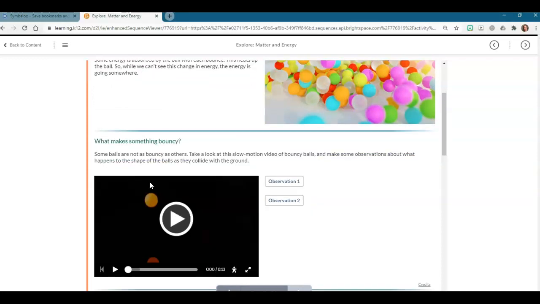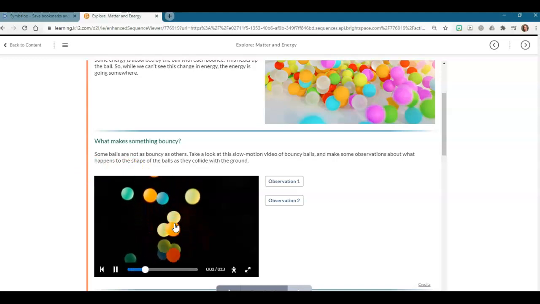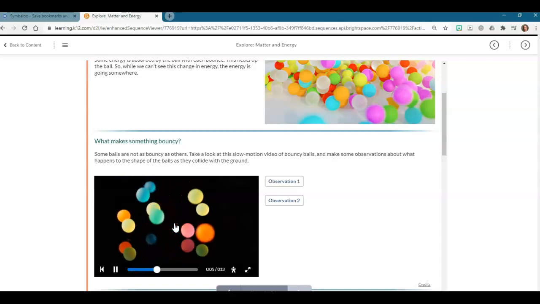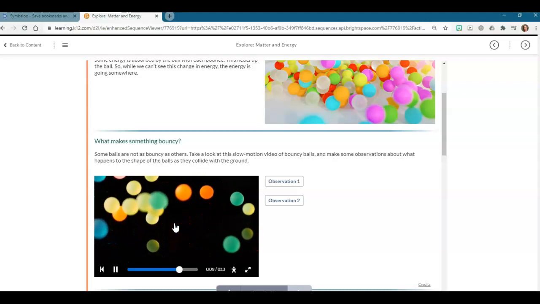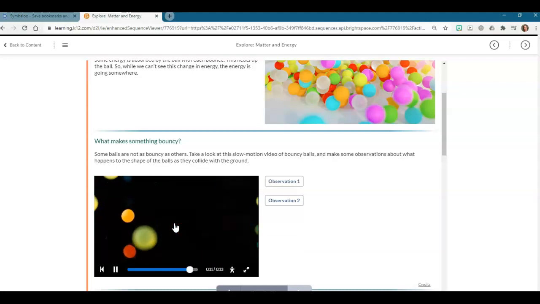So what makes something bouncy? Some balls are not as bouncy as others. Take a look at this slow motion video of bouncy balls and make some observations about what happens to the shape of the balls as they collide with the ground. So if you're looking, you can see some of them hitting the ground.